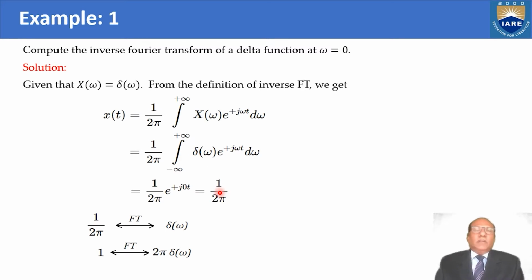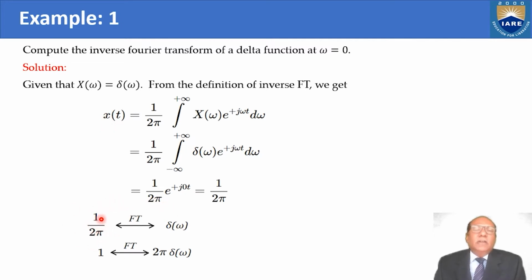This is a constant signal, a DC signal, which is the inverse Fourier transform of the delta function in the frequency domain.